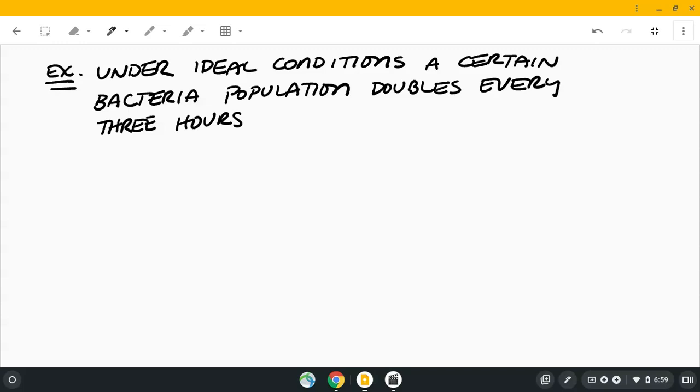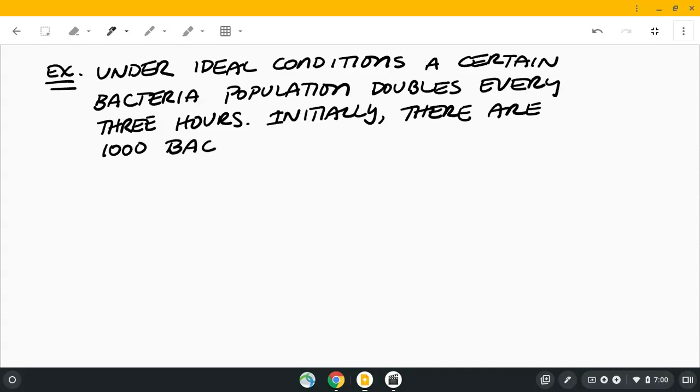Doubles every 3 hours. Initially, there are 1,000 bacteria in a colony.